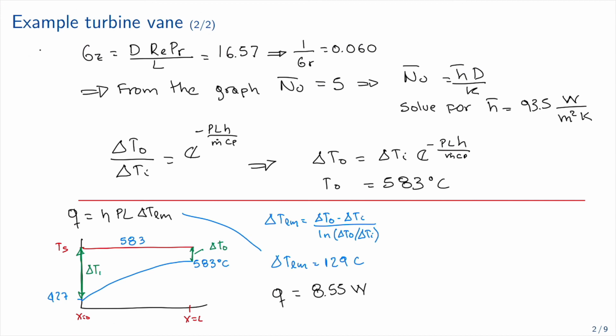Well, this is not the only way of computing the heat transfer rate. Alternatively, we can compute Q as the mass flow rate multiplied by the Cp and multiplied by the mean temperature at the outlet minus the mean temperature at the inlet, and we will obtain the same value.